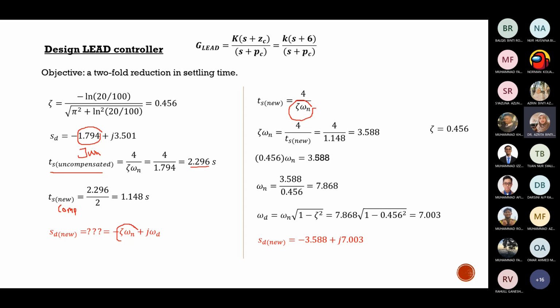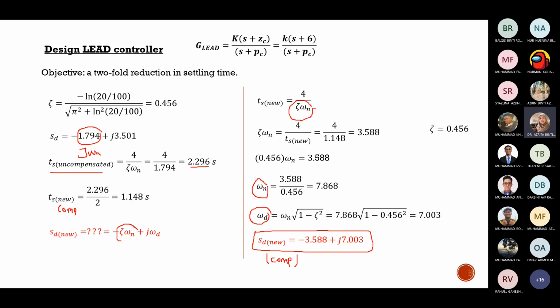And then we obtain the value of omega n, then the value of omega d. And finally, we can find the value of ST compensated. So ST new refers to the ST compensated. This is our ST desired.